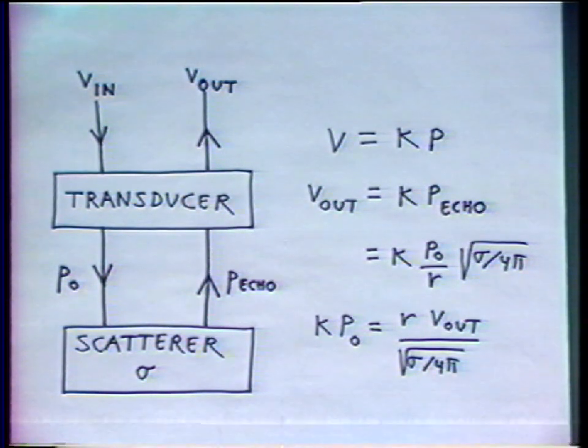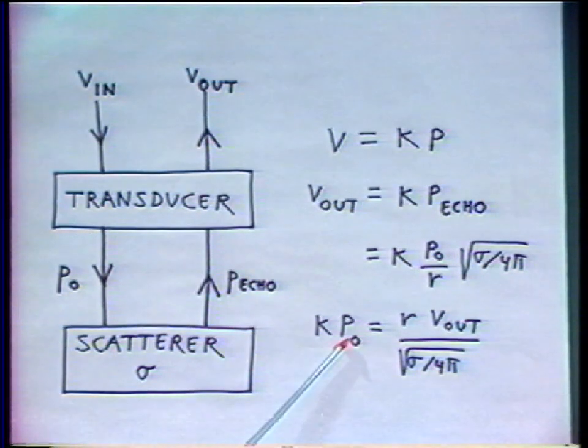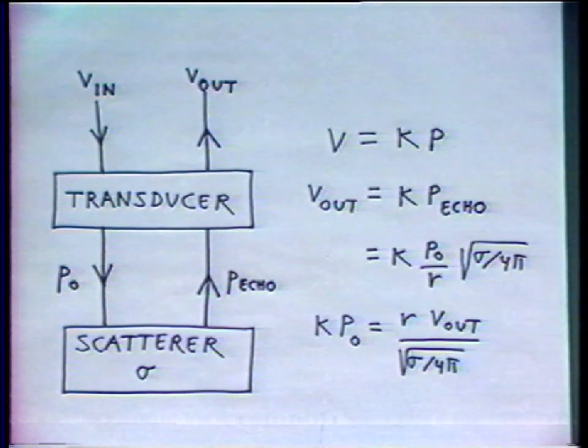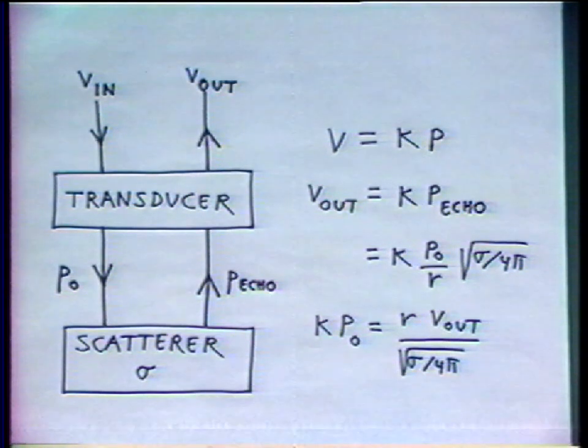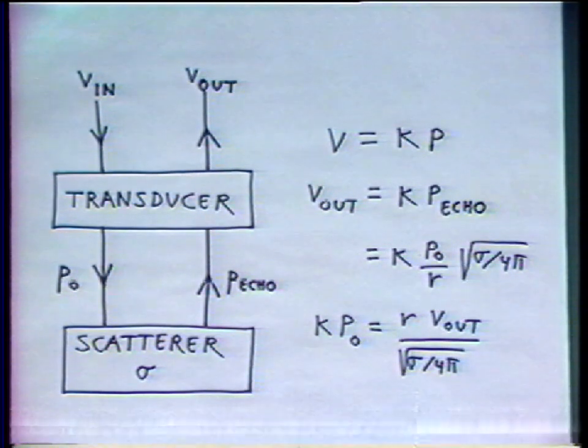The product of calibration constant and incident pressure can thus be expressed in terms of measurable or known quantities. The logarithm of this product is directly related to the sum of source level and voltage response.